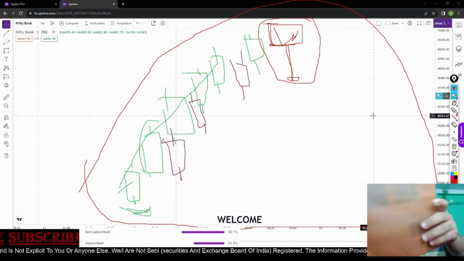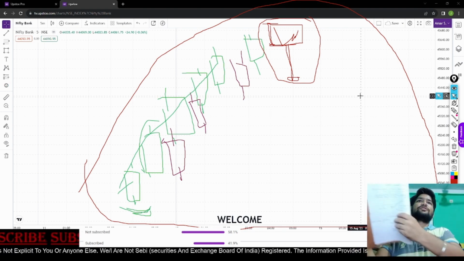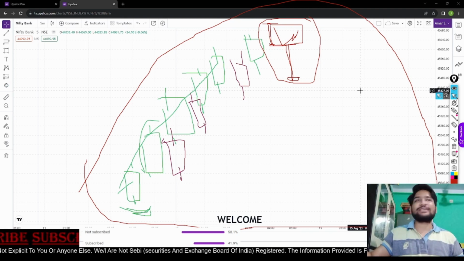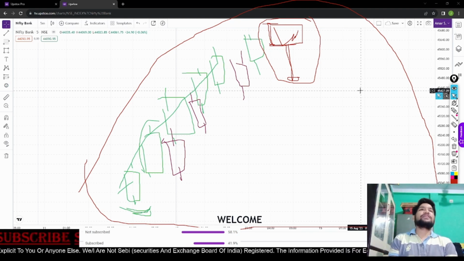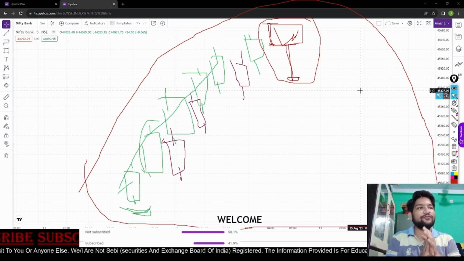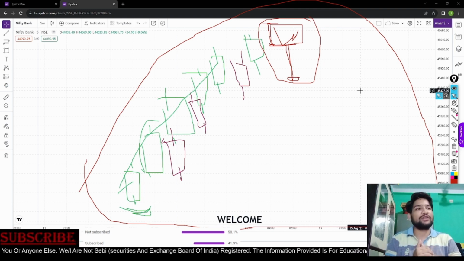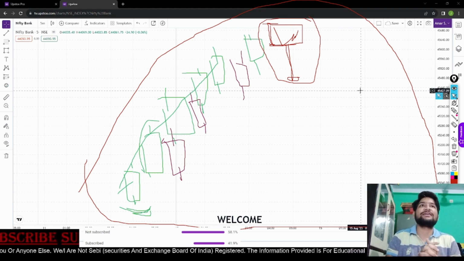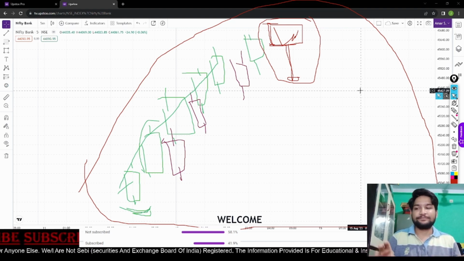So I would like to write some rules. Basically I want to make it clear that whatever we trade, we wait for some setup to form. We wait for our setup to form in the chart, and then only we should trade.